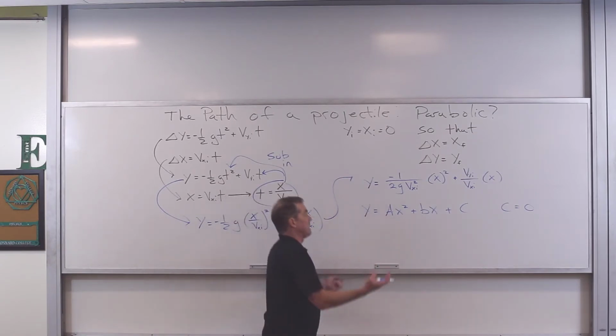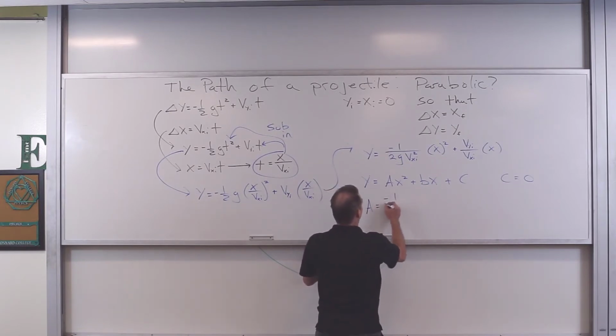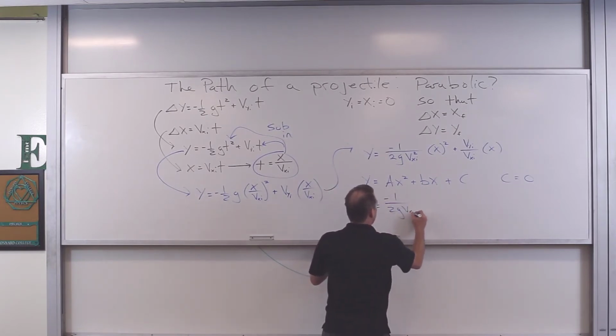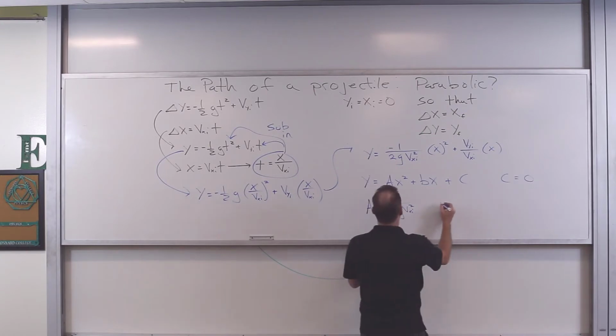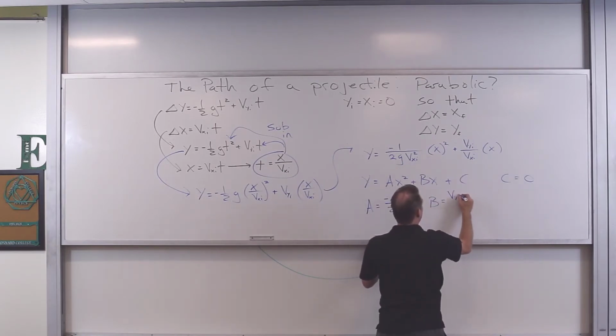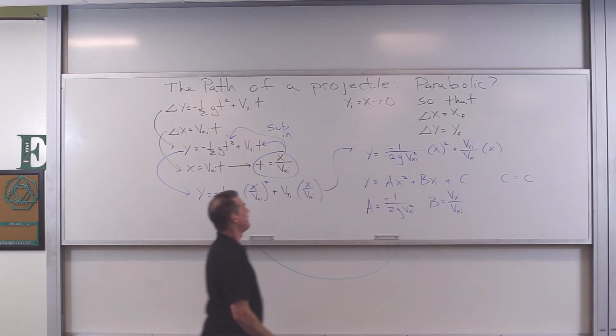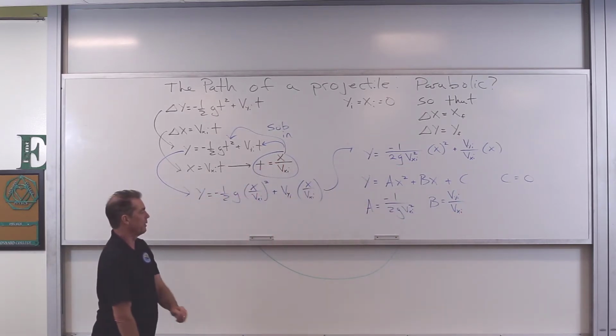That's right, it's a parabola, where a is equal to -1 over 2g Vx initial squared, just some constant, and b is equal to Vy initial divided by Vx initial. We already said c is 0, because we're starting at 0, 0.